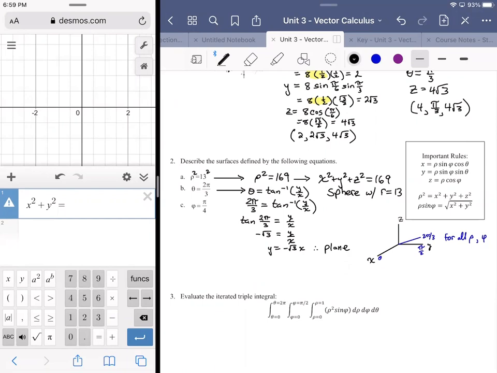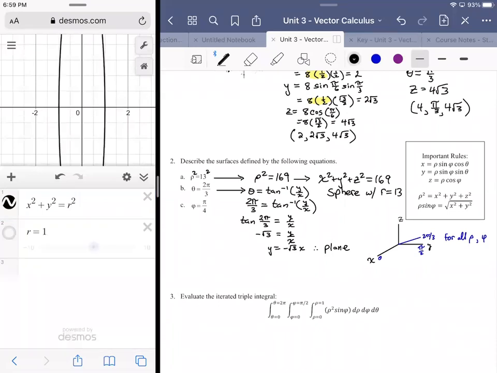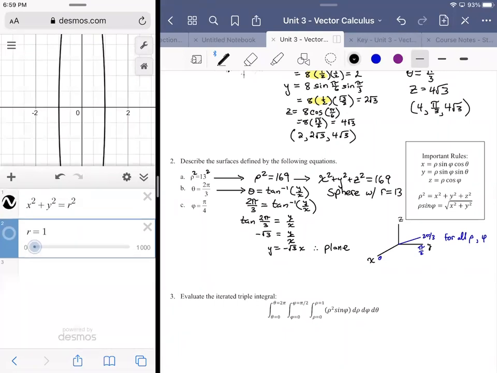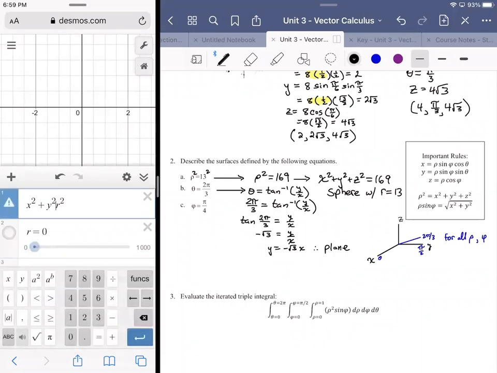So let's say you have x squared plus y squared equals r squared. Okay, and I'll add a slider for r. I'll make this 0 and I'll make this like 1,000. And actually I'll make it less than or equal to r so it fills it in.